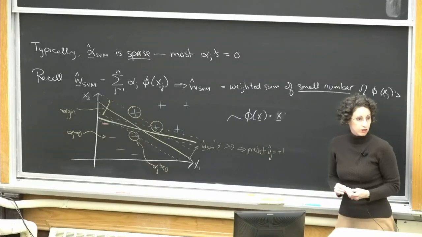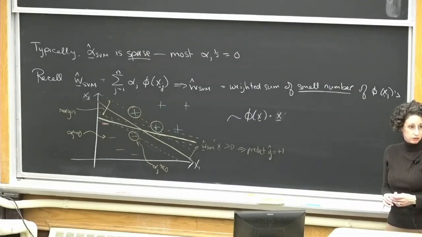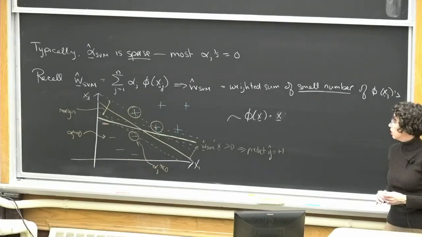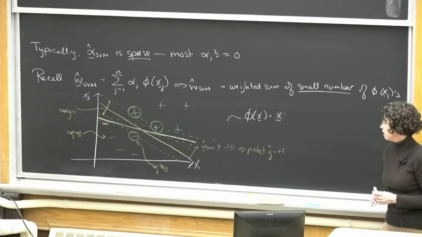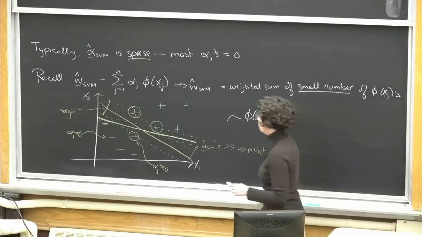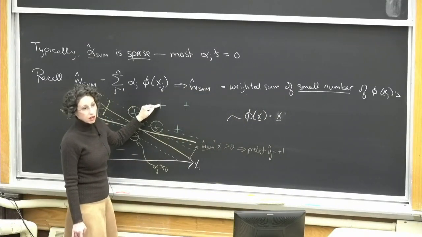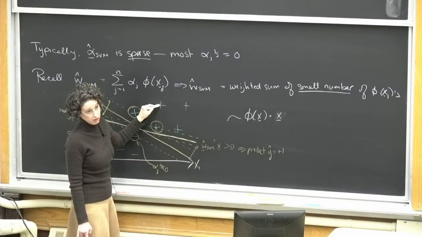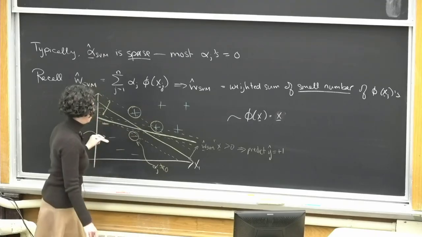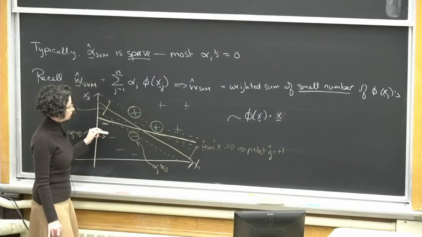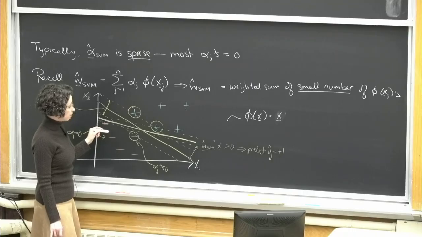Yes? For the support vectors, do they have hinge loss of 0? Do the support vectors have hinge loss of 0? Yes, that's right. And in fact, the vectors that are correctly classified and are not right on the margin, they also would have hinge loss of 0. So in this case, my data is separable.